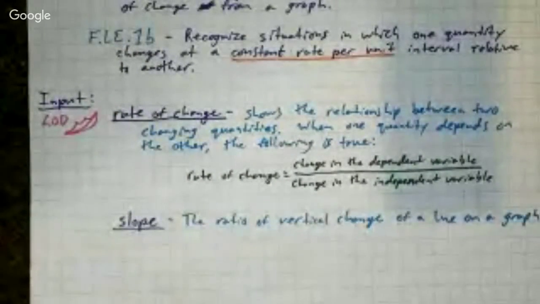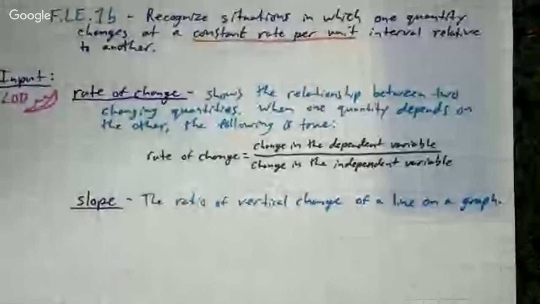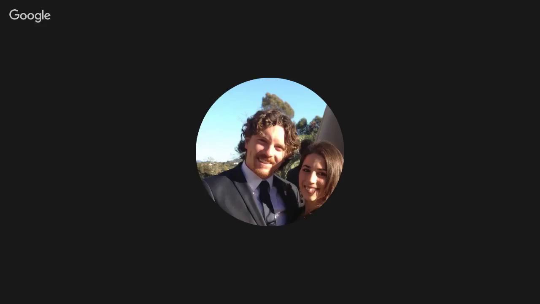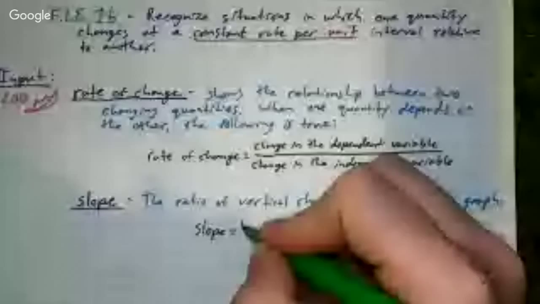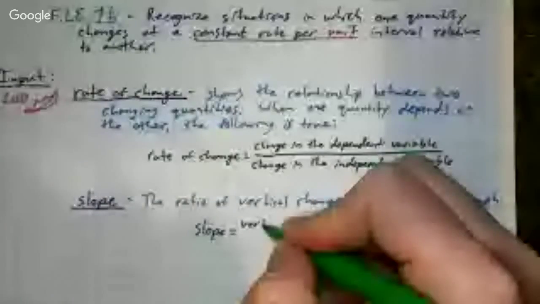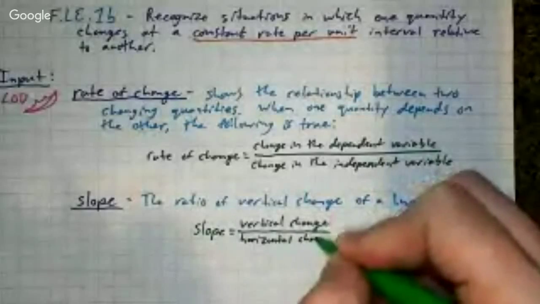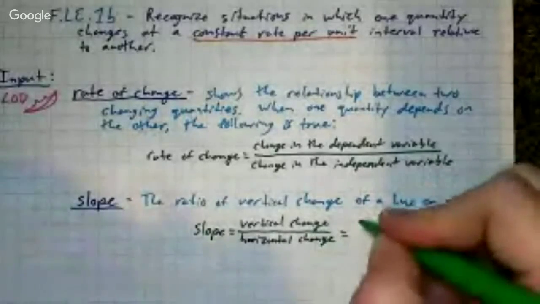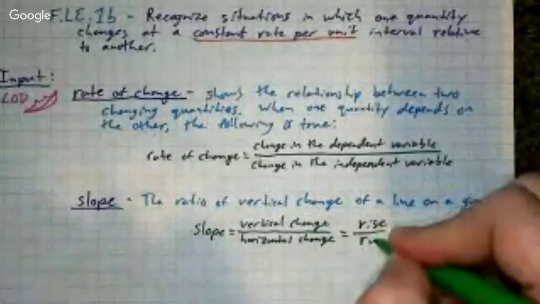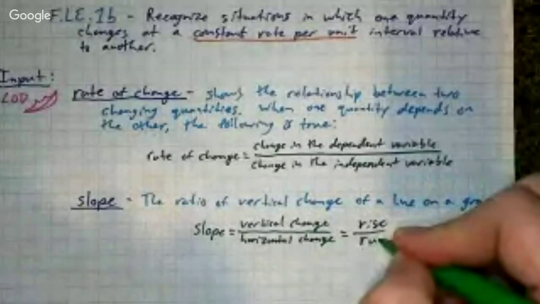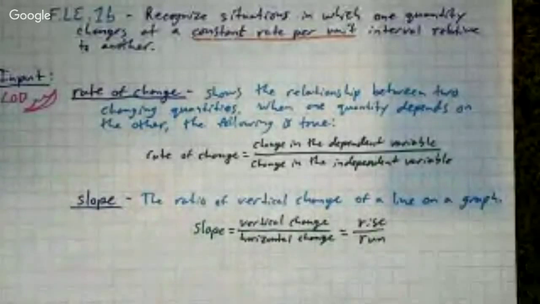The ratio of vertical change, that is vertical change over horizontal change, which is easier to say by saying rise over run. Let's take a look at what that would look like.